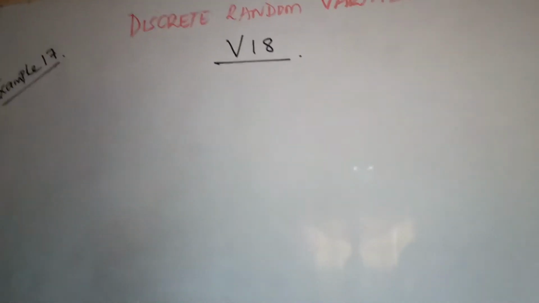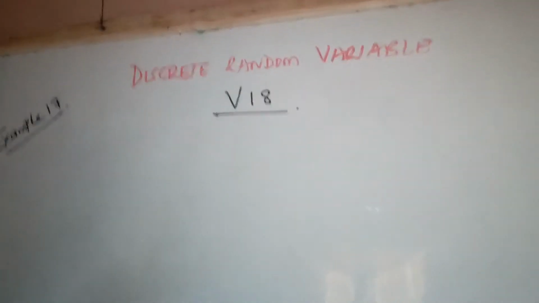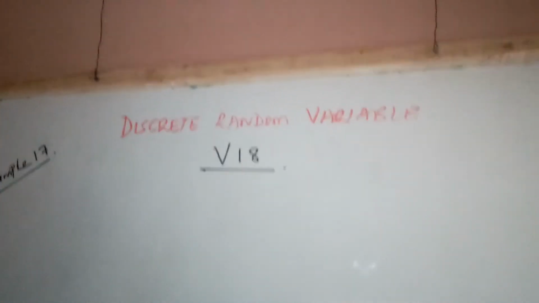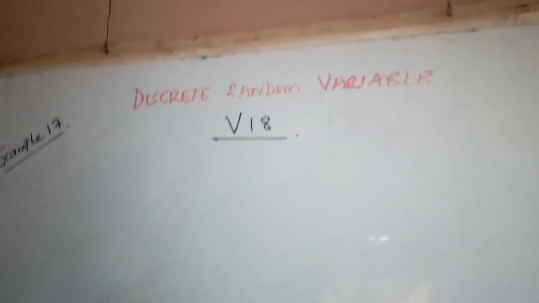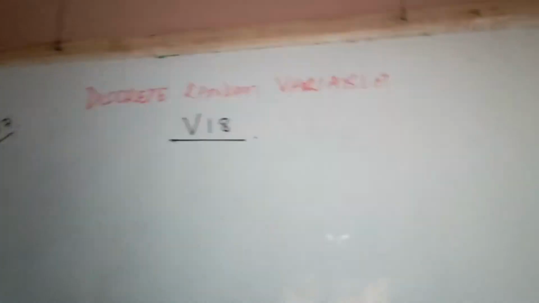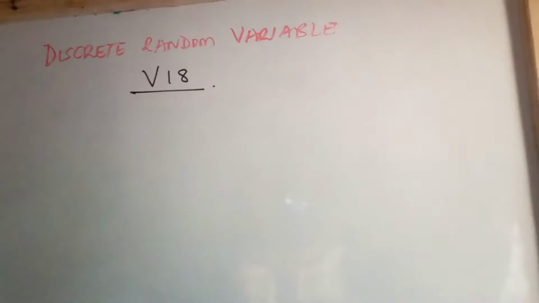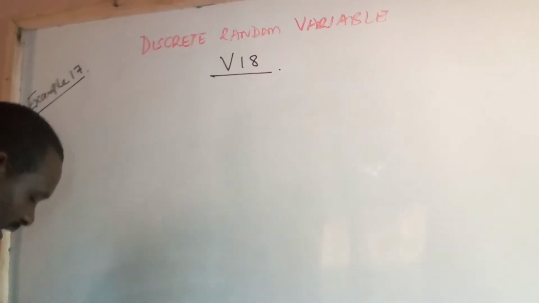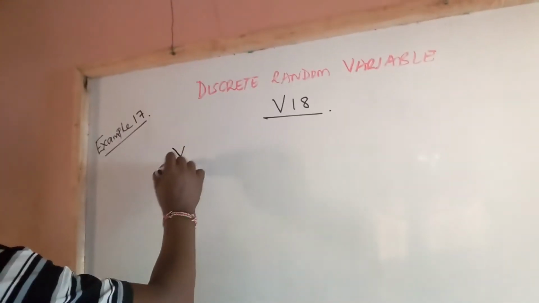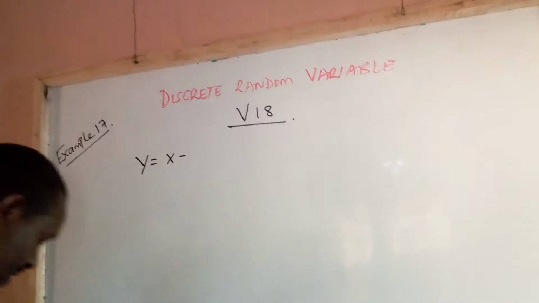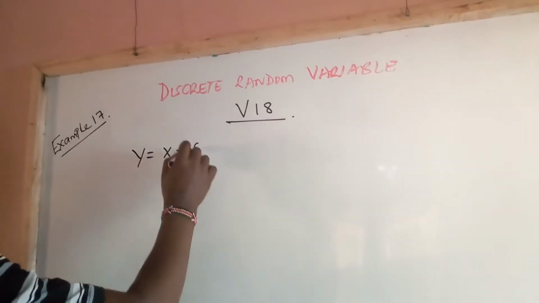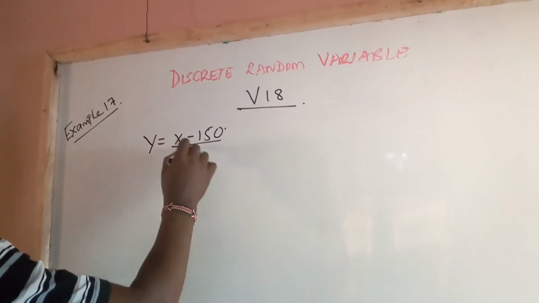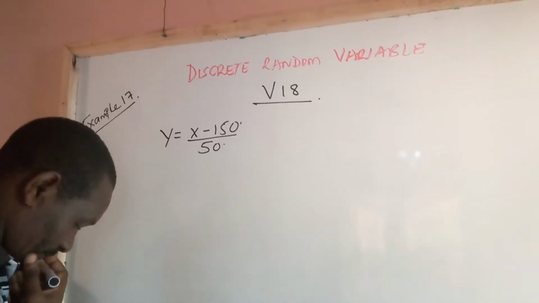Example 8.10, a theoretical approach to finding the mean and standard deviation of the original data given the mean and the standard deviation of the coded data. In example 17, data are coded using y equals (x minus 150) all over 50.